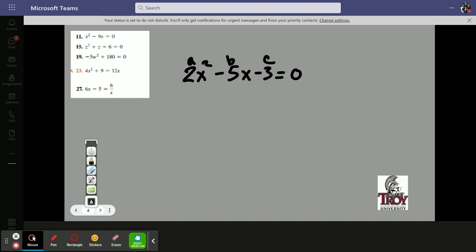Okay, so I'm going to follow that formula. Negative B. What was my B? Negative 5. Plus or minus the square root of B squared. So negative 5 squared.